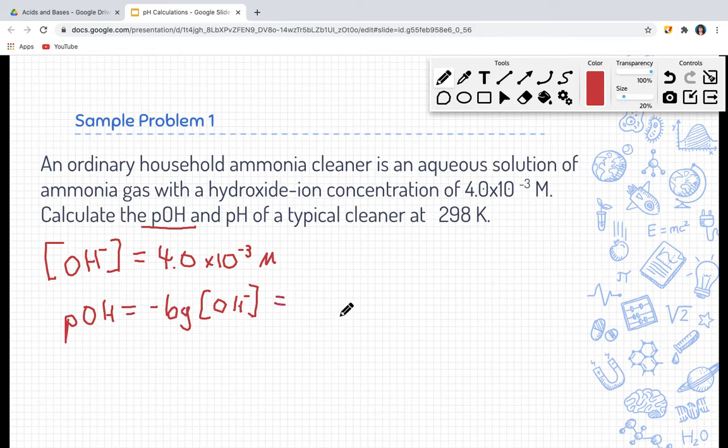Okay, so what we're going to do, we want to take the negative log of 4E negative 3. So remember back in our stoichiometry unit, I mentioned that your calculator likes it a little bit better when you use that capital E, which is second comma on any Texas Instrument thing.